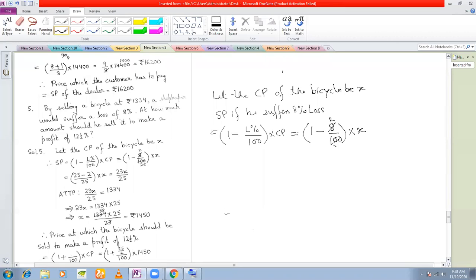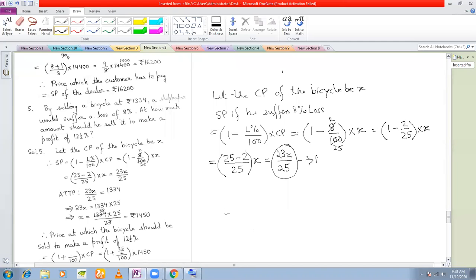So 4, you cancel this. So you get 1 minus 2 by 25 into X, which is equal to 23x by 25. So he's suffering a loss of 8% if he's selling it at this price. But what is this price given to be?